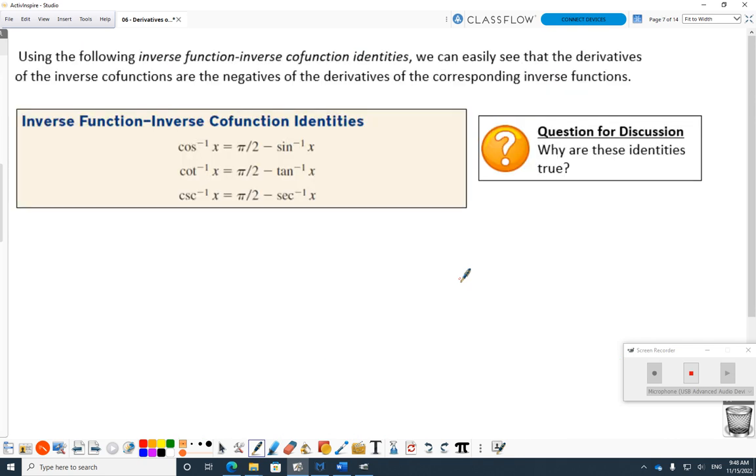Now, these are interesting. Use the following inverse cofunction identities. We can easily see the derivatives of the inverse cofunctions are the negatives of the corresponding ones. All right, so when you came in today and I had these written on the board, you might have looked at the list. Oh, I better use the list on the screen here for the sake of the video.